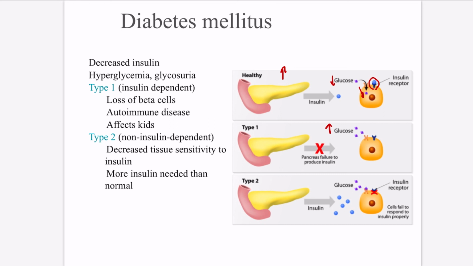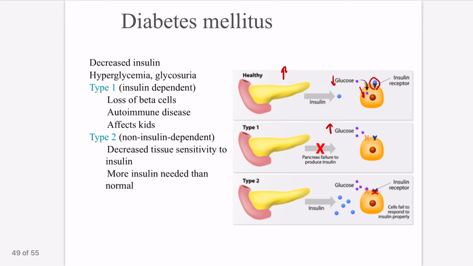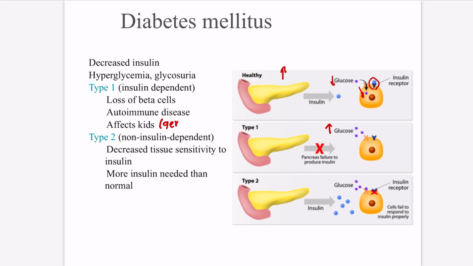And this is caused by a loss of beta cells, and this can affect children because this can be a genetic disorder. And this can be caused by an autoimmune disease. And so these patients are dependent on insulin. They have to purchase insulin. And the insulin has been in the news a lot lately because it's really expensive in this country when it doesn't need to be. You can go to Mexico or Canada and it's much cheaper.